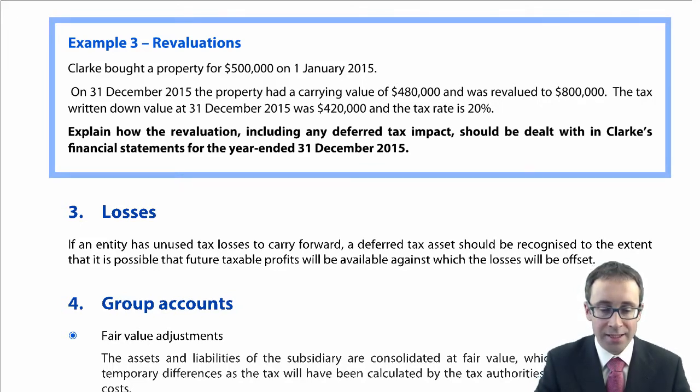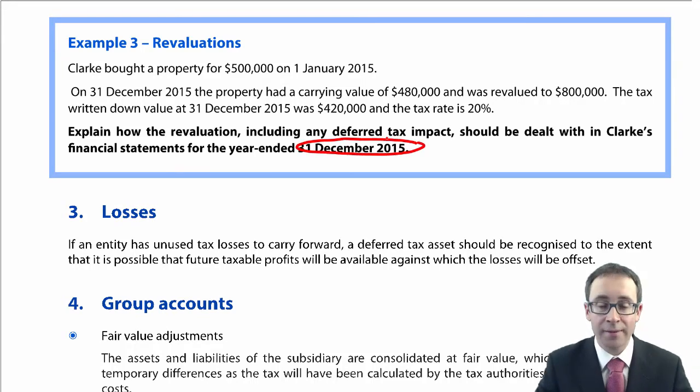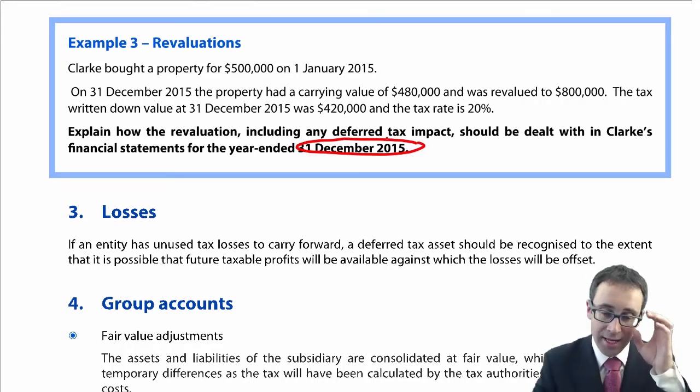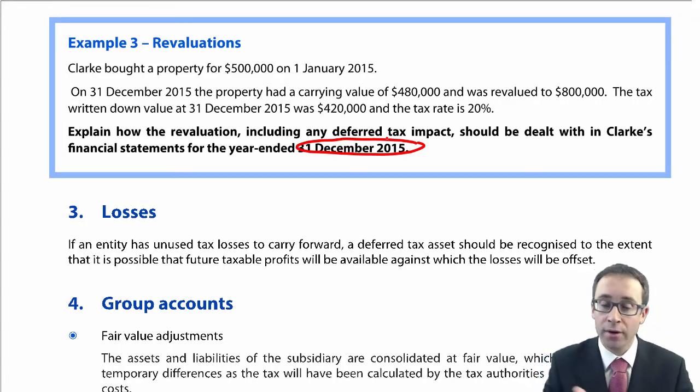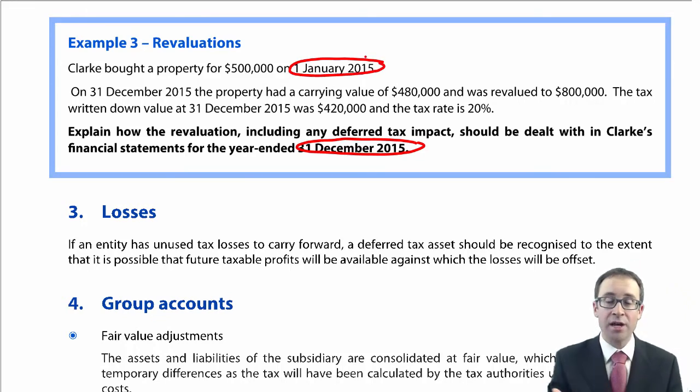So it says there, explain how the revaluation, including any tax impacts, will be dealt with in Clark's financial statements for the year ended the 31st of December 2015. It says that Clark bought a property for $500,000 on the 1st of January 2015. So everything at the start of the year was zero.